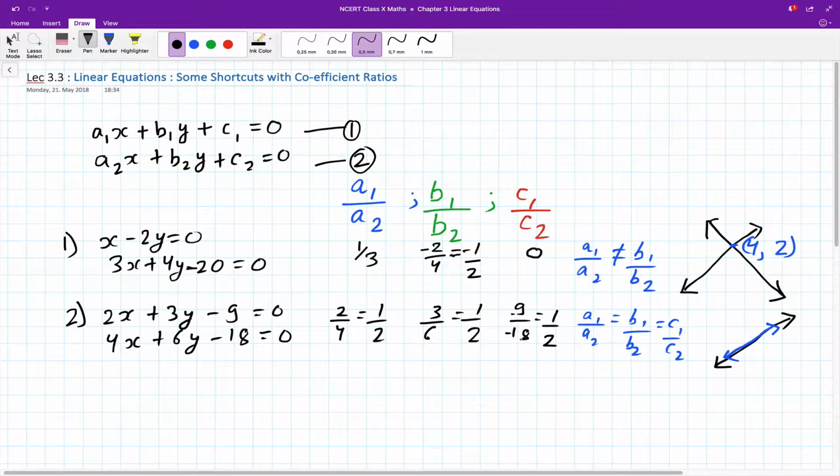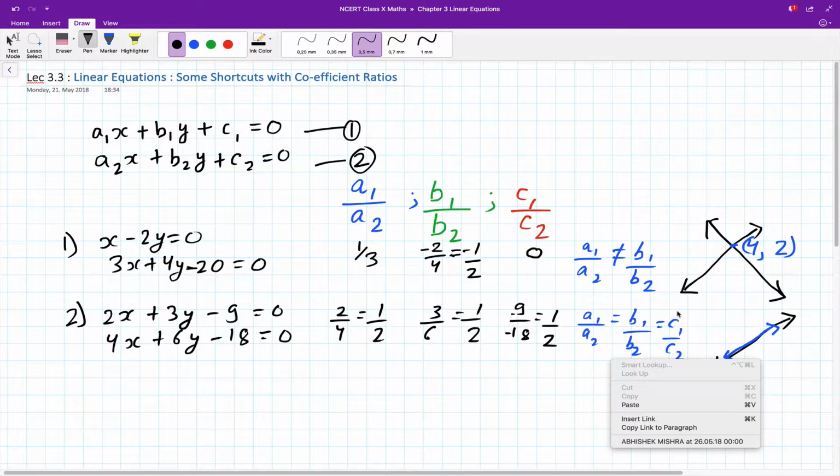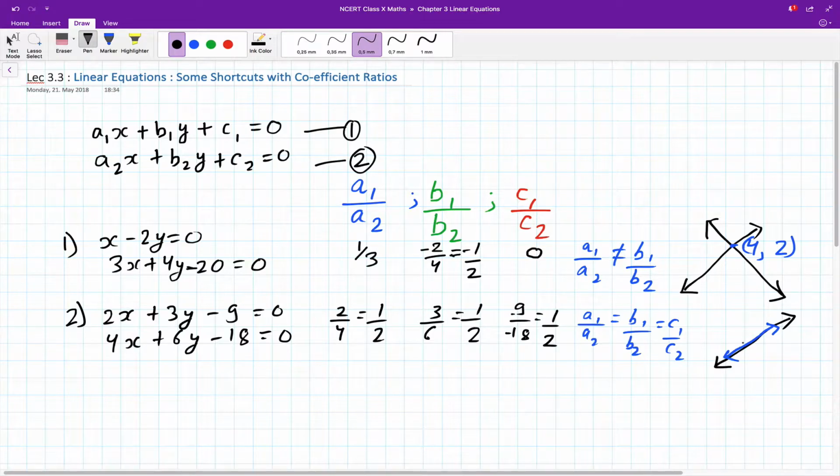So the observation that we can make here is a1 by a2 is equal to b1 by b2 is equal to c1 by c2. So all the three ratios are the same, and in this case both these lines were coincident, and they had infinitely many distinct solutions.